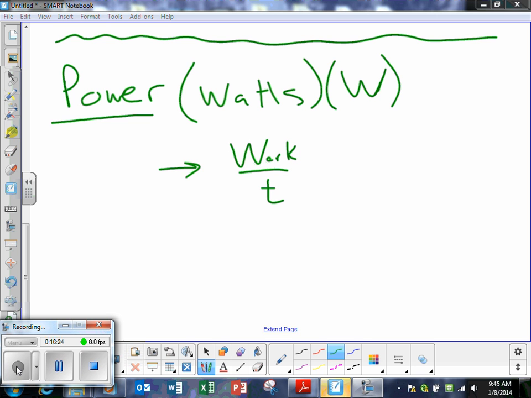So how fast you can get the work done. Okay? So if you look at work per time, you would say work is force times the parallel distance. Do you agree? And how fast you can get that done in is what determines how powerful you are.